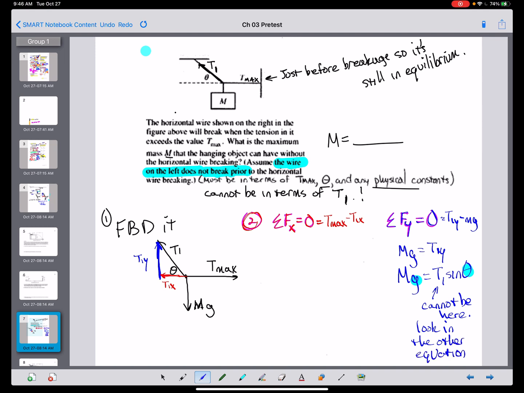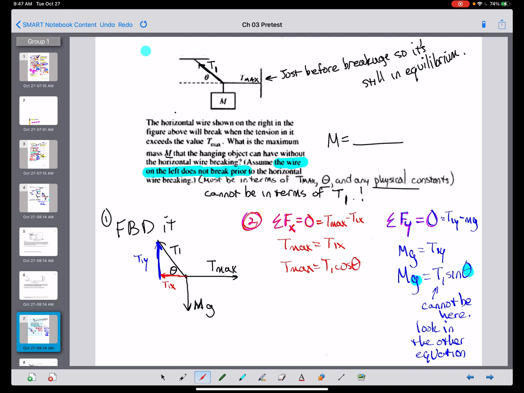In the other equation we have T max minus T1x. These things are equal to each other because they both add up to 0. T max equals T1x. T1x is T max, and T1x is going to be T1 cosine theta.